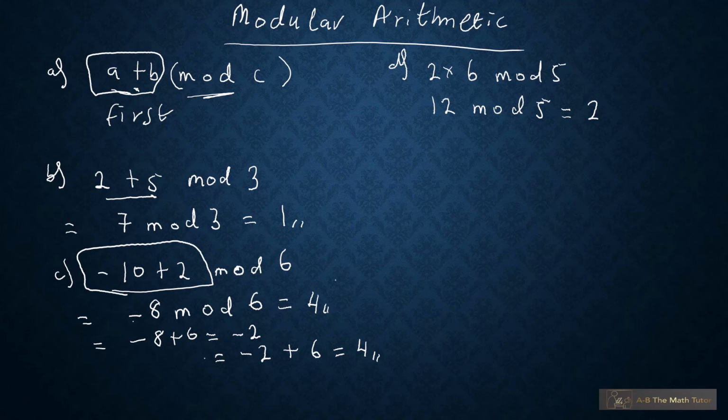If you have 8 divided by 2 mod 3, you have 8 divided by 2 to be 4, and 4 mod 3 is congruent to 1, because 4 divided by 3 will be 1 remainder 1. So it's always about the remainder when we are dealing with positive numbers.